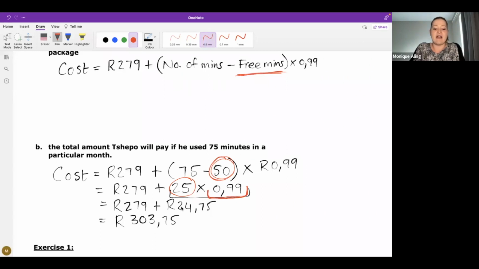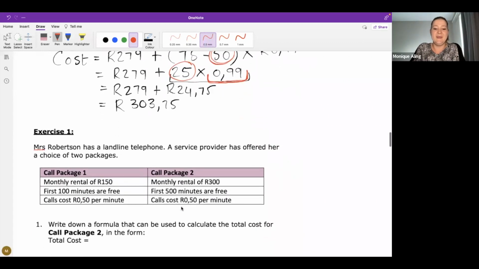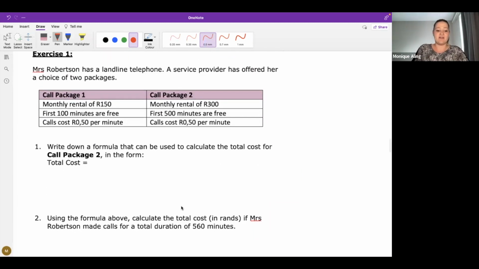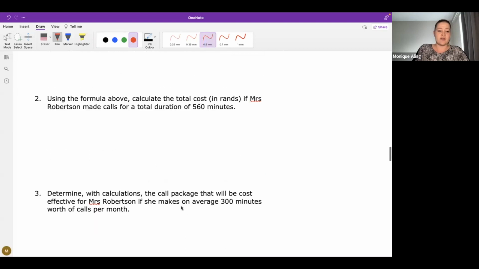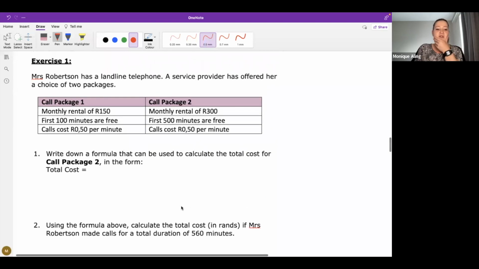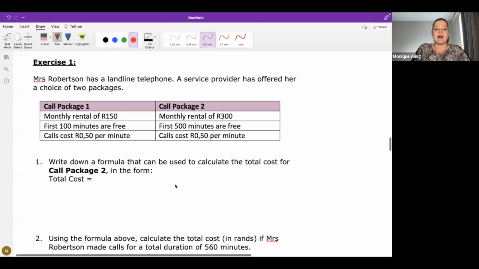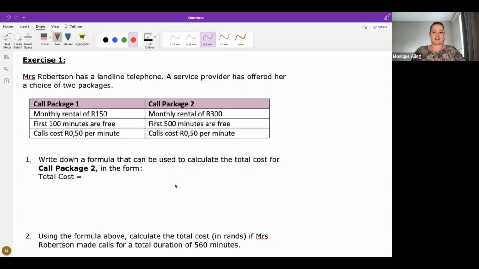This next one, I'll ask you to try by yourself. There are 3 questions, but let's just focus on question 1 for now. It's a good starting point. I'll let you know when you can give me your answers in the chat. For now, let's just let everyone try. I'll give you a few minutes.